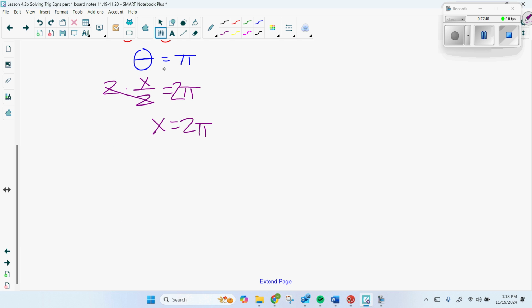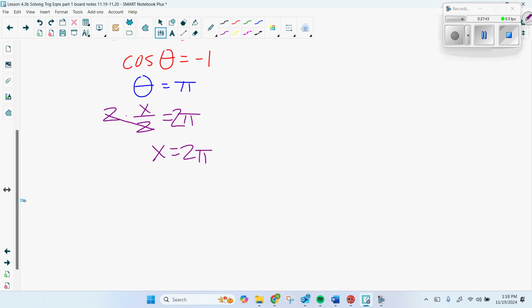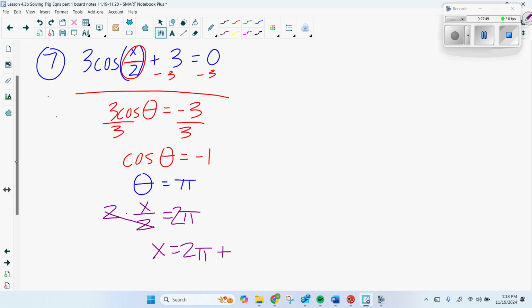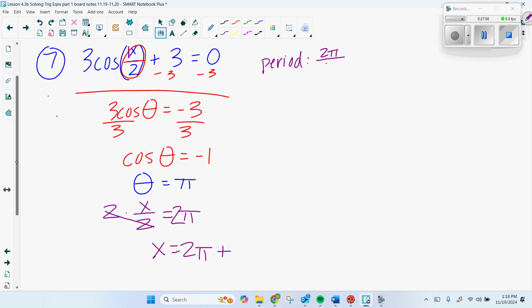And then we need to be careful with our addition here. It's not plus 2 pi n. There's a couple ways I can think about it. If you think of that as 1/2, the period is basically 2 pi divided by b, which is 2 pi over 1/2.